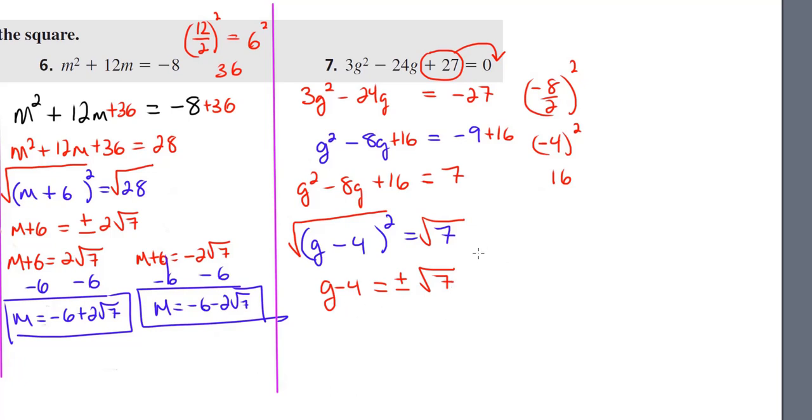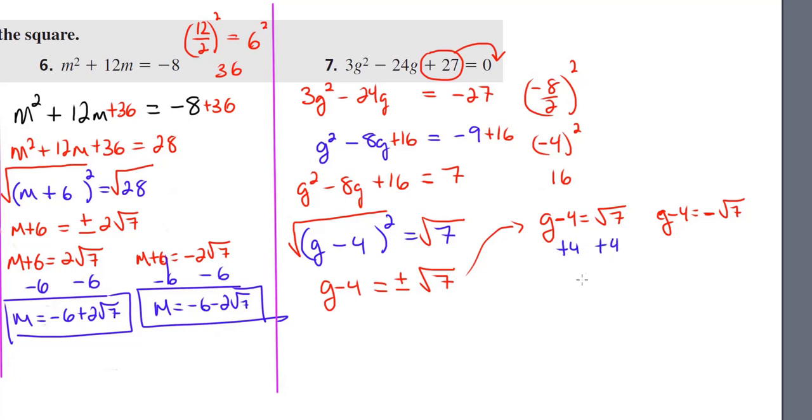And now we get our two equations. Let's put them here. So we're going to have g minus 4 equals positive radical 7, and g minus 4 equals negative radical 7. So now in both cases here, we're going to add 4 to both sides.